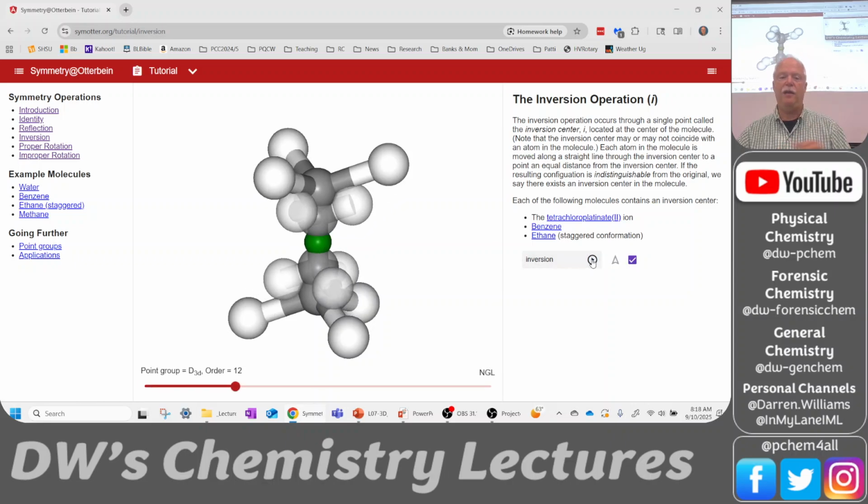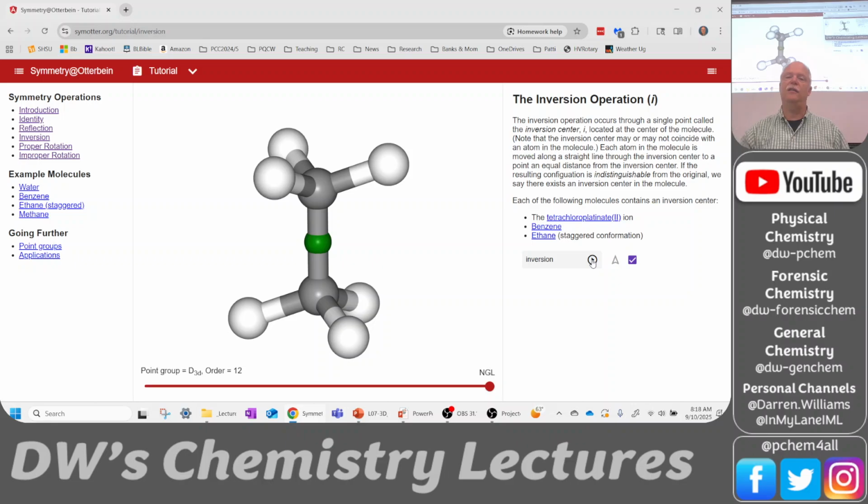And then I play it, everything goes through the center of mass to the other side. So this hydrogen here is paired with that one under inversion. See that? And this hydrogen in front is paired with the one in the back. So it's straight through the center of mass of the molecule.